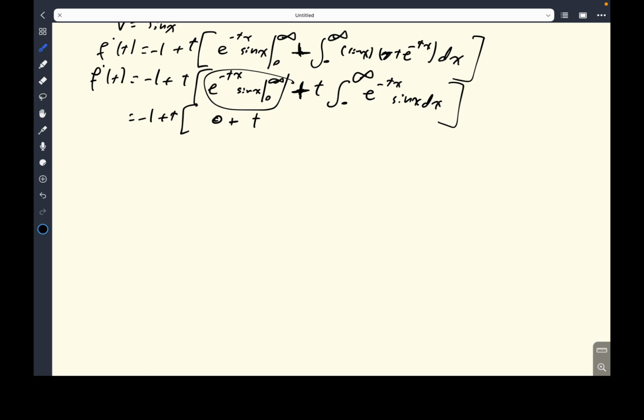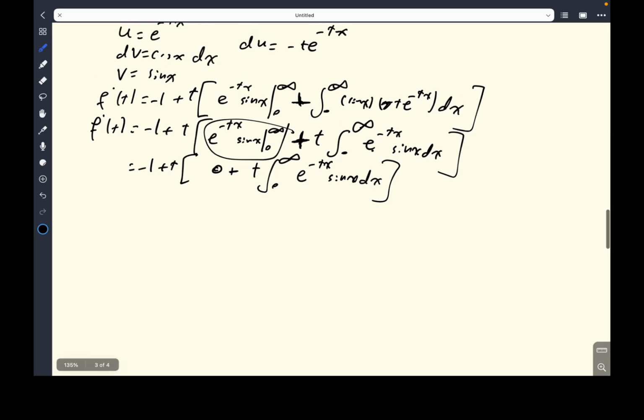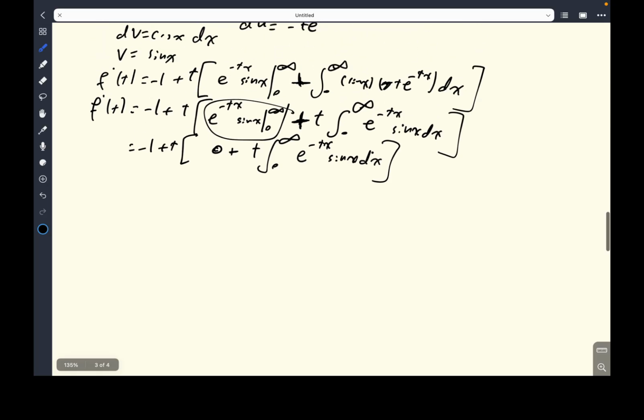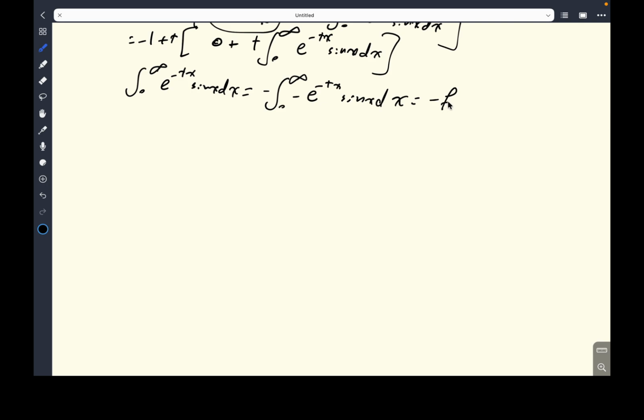So it's going to be plus t, the integral from 0 to infinity of e to the negative tx sine x dx. Now the integral from 0 to infinity of e to the negative tx sine x dx is equal to negative of the integral from 0 to infinity of negative e to the negative tx sine x dx, which is negative f prime of t.